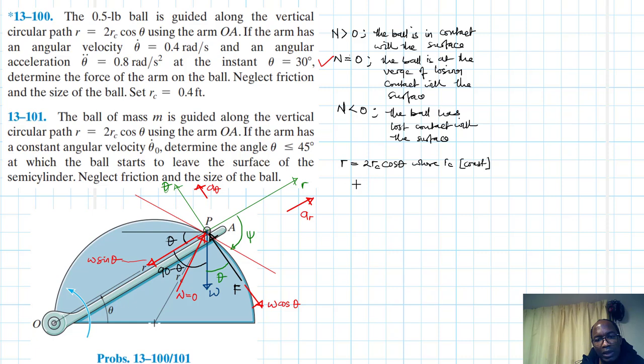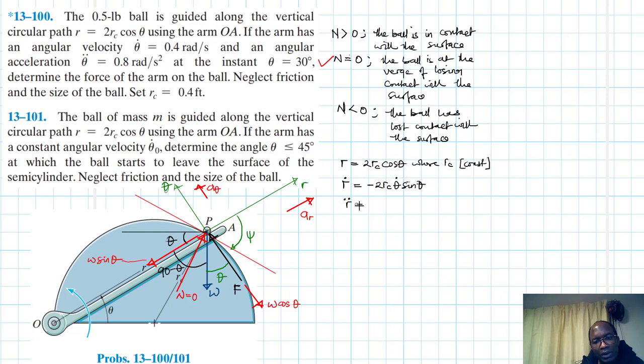This is important, and if it's a constant, when we take derivatives, this is a constant. So r dot, which is the derivative of r with respect to time, just becomes minus 2 rc theta dot sine theta.